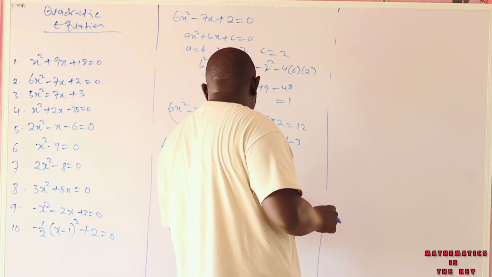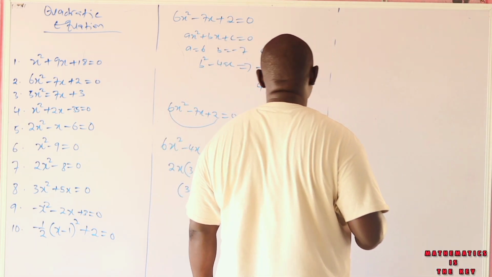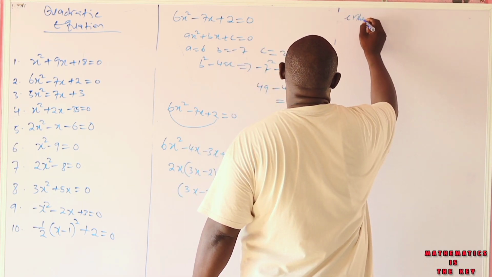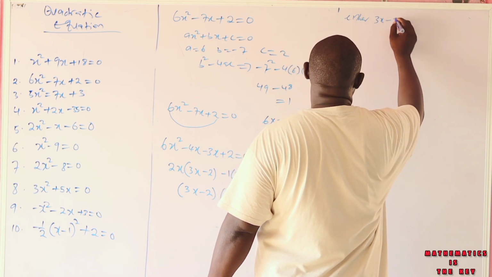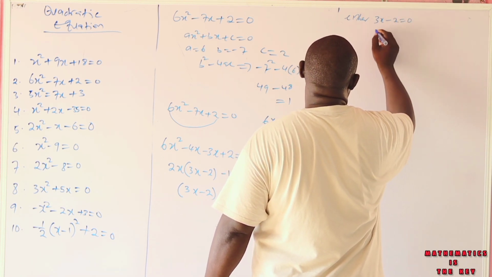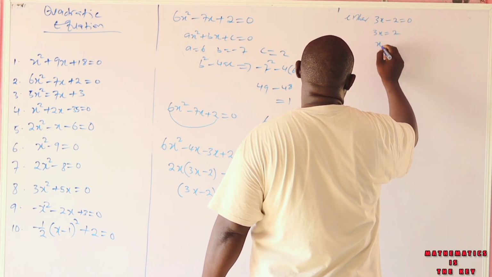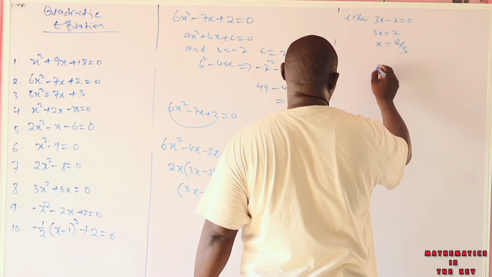The product of two brackets is equal to 0. Either the first is equal to 0 or the second bracket is equal to 0 or both are 0. So we have either 3x minus 2 is equal to 0. That means 3x is equal to 2, and dividing both sides by 3, we have x is equal to 2 over 3.